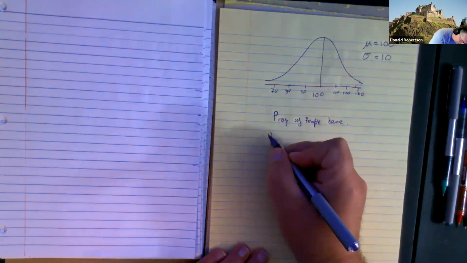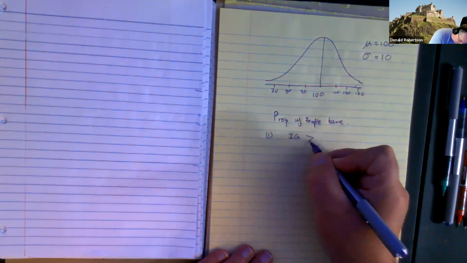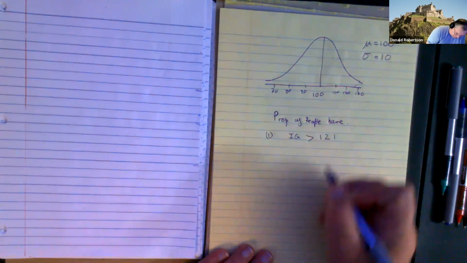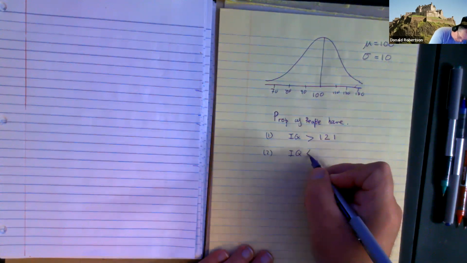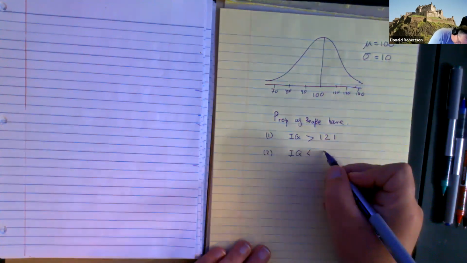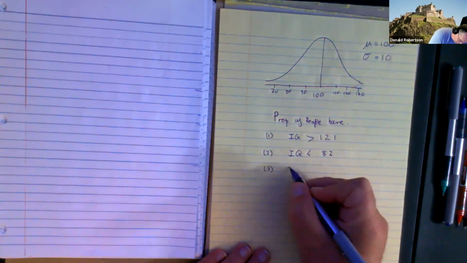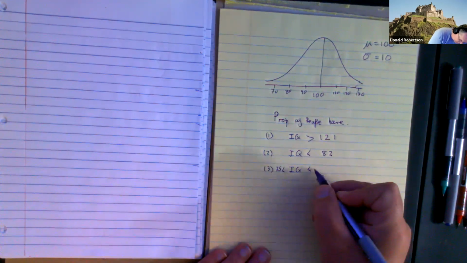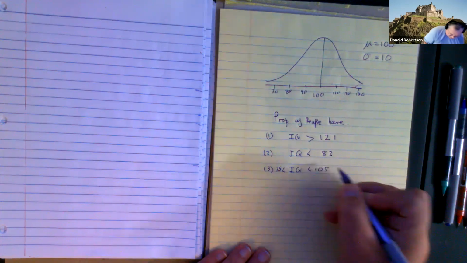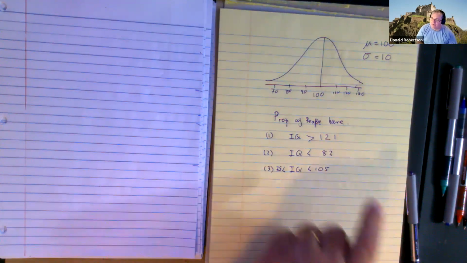So my first one is, what proportion of people have an IQ greater than 121? Second question is, what proportion of people have an IQ less than 82? And the third one is, what proportion of people have an IQ between 75 and 105?